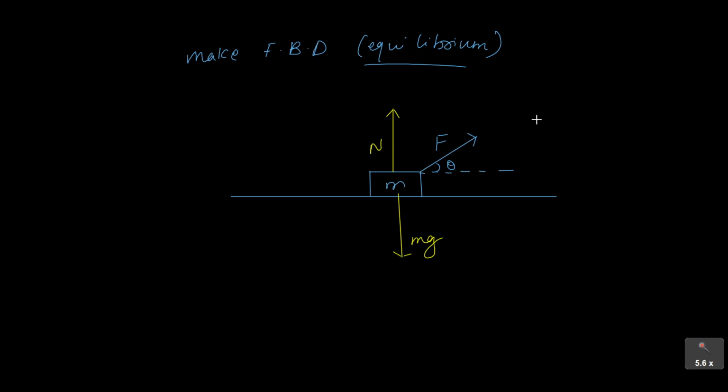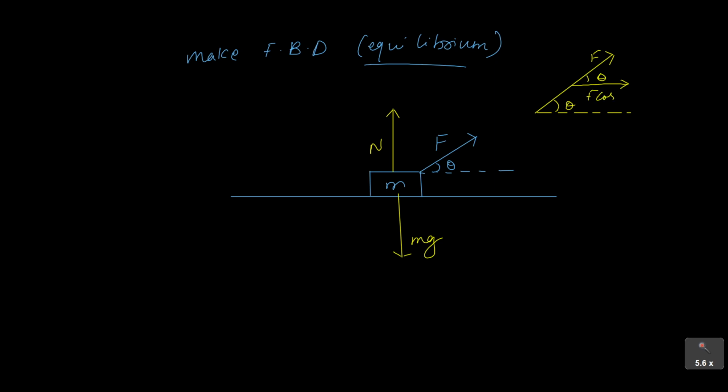Now we know we can resolve the component of the force. If the force is making some angle with respect to horizontal, we can resolve this component. If it is making angle theta, then in the x direction this will also be theta.